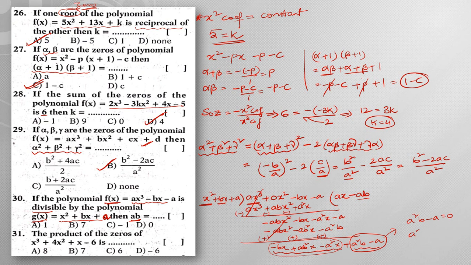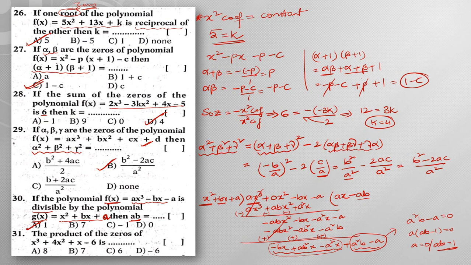From both terms I can take a common, then I can write a times ab minus 1 is equal to 0. Either a is equal to 0 or a into b is equal to 1. So a into b is equal to 1 is my answer, right?